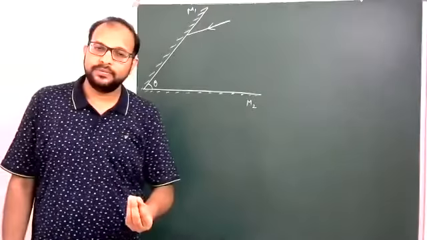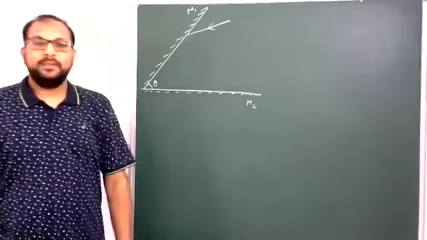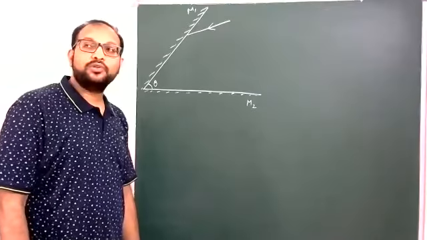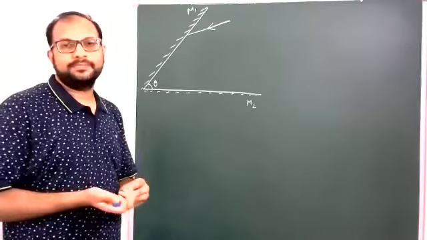After M2, it moves away from the combination. That means only two reflections are possible here. In that way the diagram is arranged. After two reflections, the light ray moves away from the system.